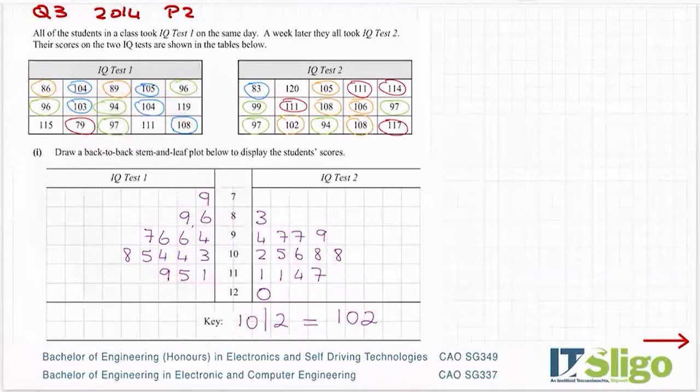What I find very handy for median is to write the numbers down in a row. So, and it does take a minute, but I think it's really easy for working it out. So the first number there is 79.